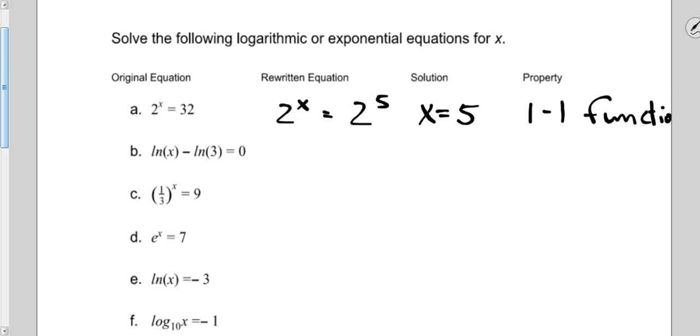Part 2, or letter B rather, is natural log of x minus the natural log of 3 equals 0. Okay? So now I'm going to rewrite this equation by adding natural log of 3 to both sides. So then I get natural log of x equals natural log of 3.